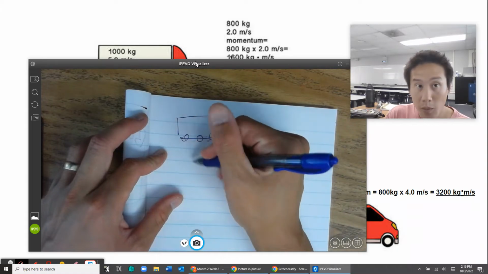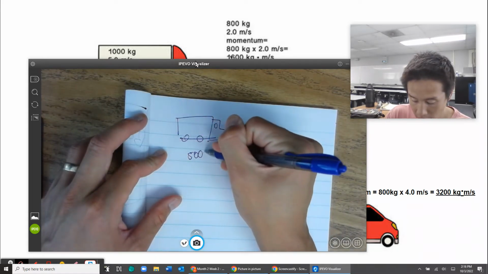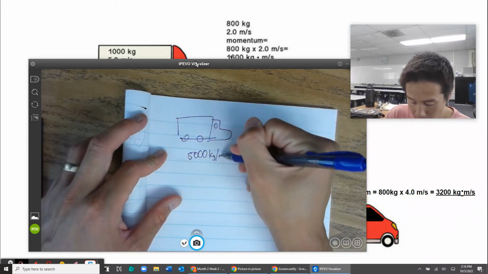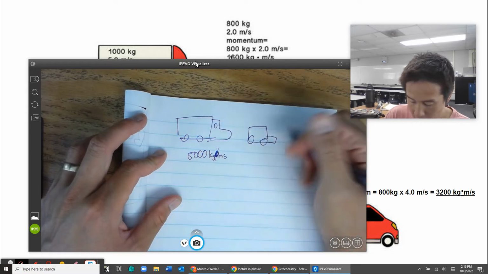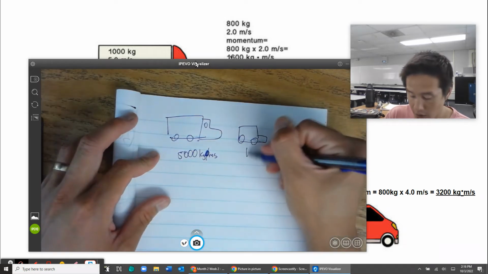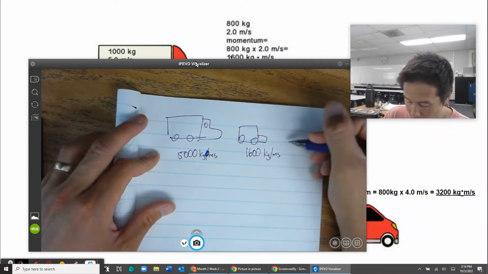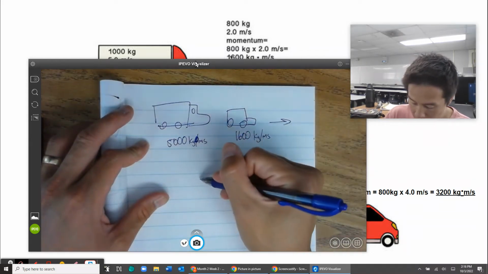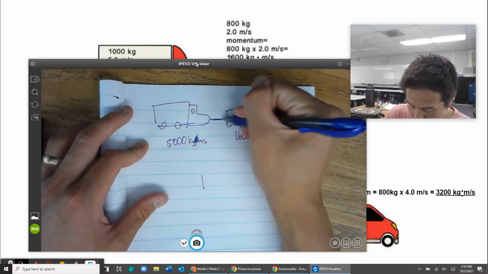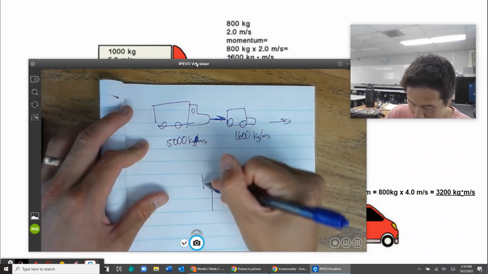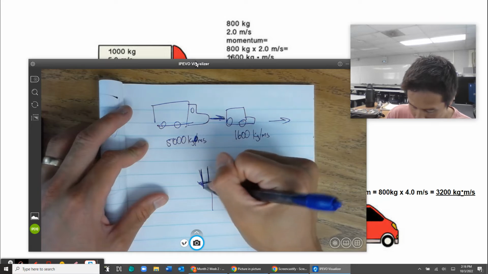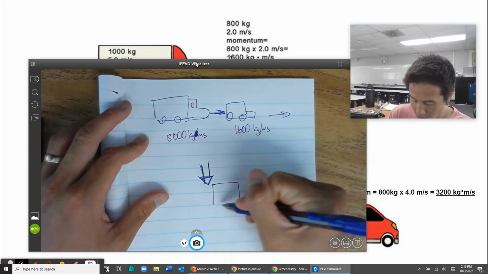Before, the momentum was 5,000 kilograms times meters per second, and over here it was 1,600 kilograms meters per second. Then it was about to hit, then you get this.